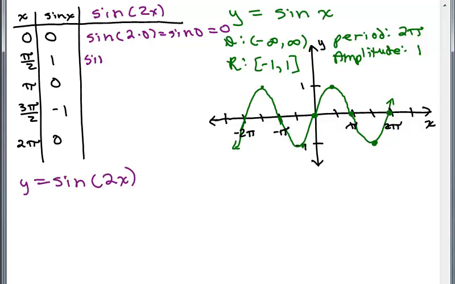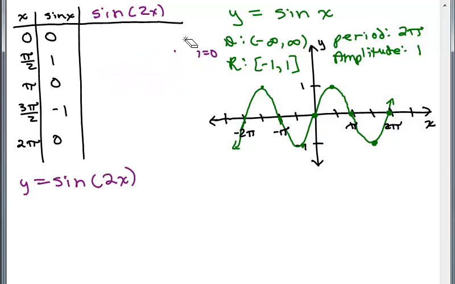Or the next one, the sine of 2 times pi over 2 would be the sine of pi, which is 0. The sine of 2 pi, well, that's 0. Do you see a problem here? I just keep getting zeros. I'm not going to be able to tell at all what this is going to look like. That's going to keep happening.